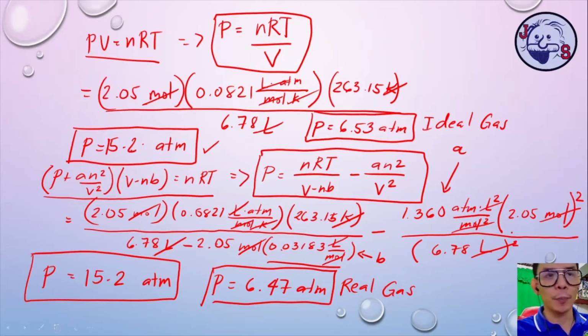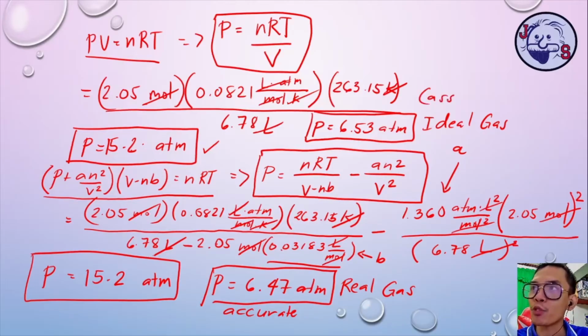Now, if you are going to ask which one is accurate, the ideal gas or the real gas, we can safely say that the one that is more accurate is the real gas, not the ideal gas. The ideal gas is only for assumptions. Okay? So the number that we have computed here is not that bad after all.